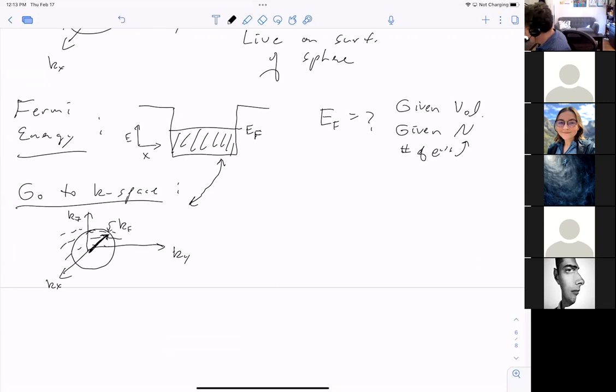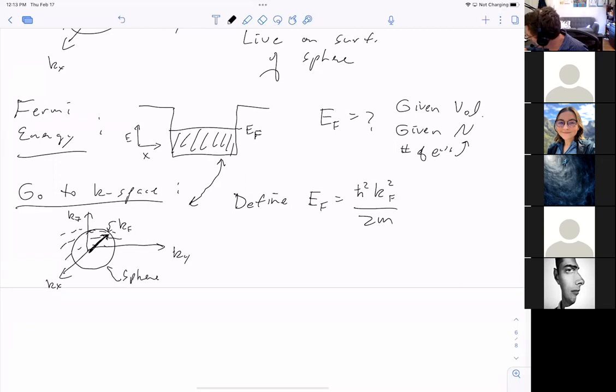But you see that if I define EF equals h bar squared KF squared over 2m, then what is the relationship between this sphere that I drew here and these electrons that I drew up above? Can somebody tell me the relationship?